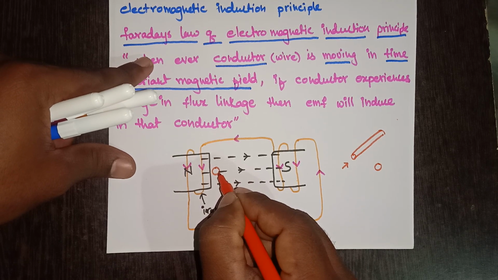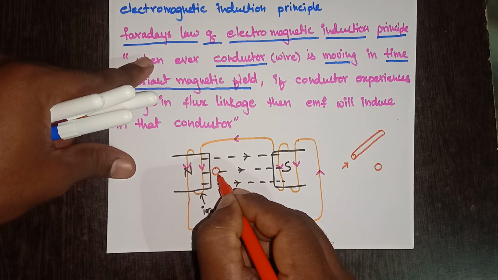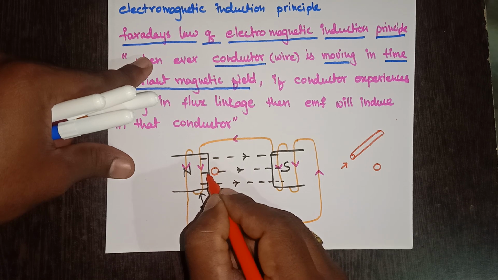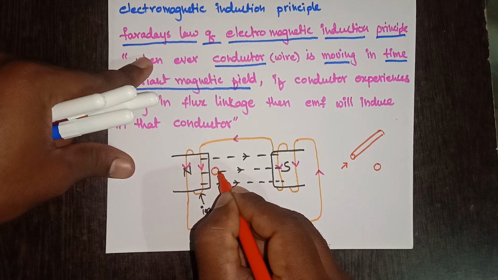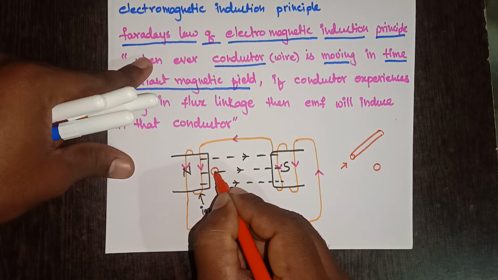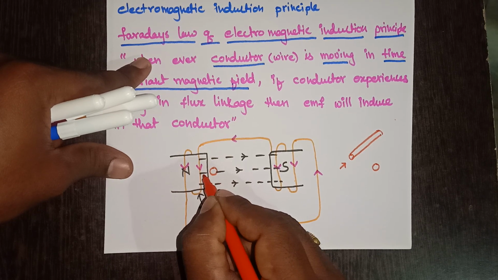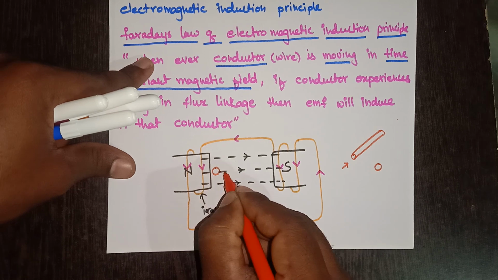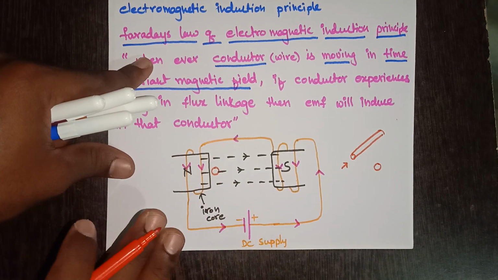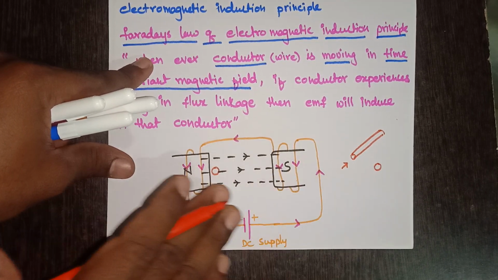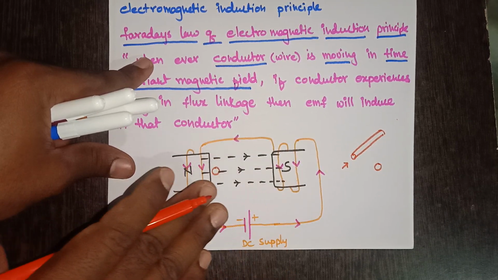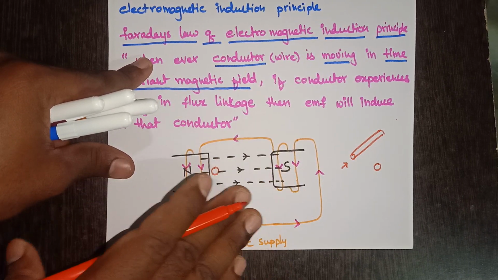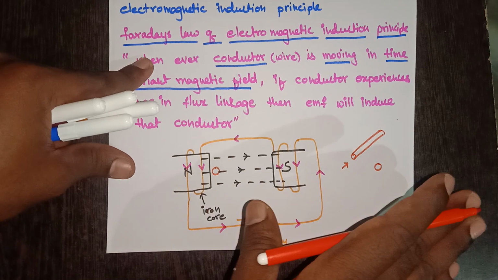Whenever the conductor is placed inside this magnetic field, magnetic flux lines are flowing through the conductor, right? Flux lines are penetrating the conductor, entering into it and then leaving.